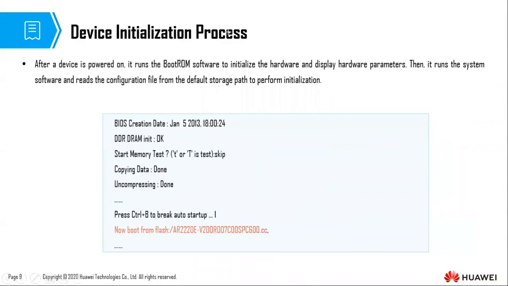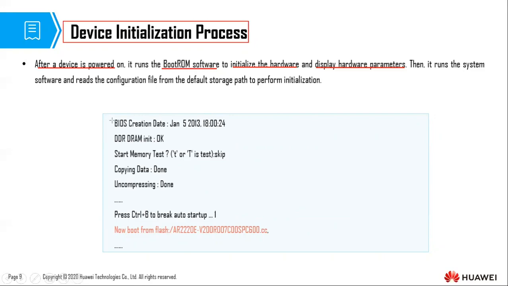Okay, so the device initialization process simply means that we are now starting up the device. So how does it work? After the device is powered on, it runs what you call the boot read-only memory software in order to initialize the hardware and to display the hardware parameters.